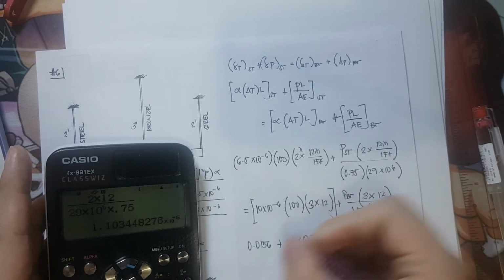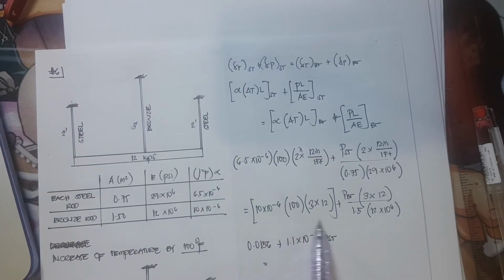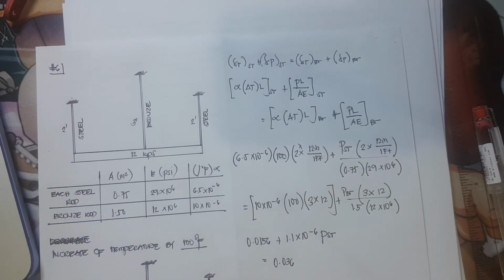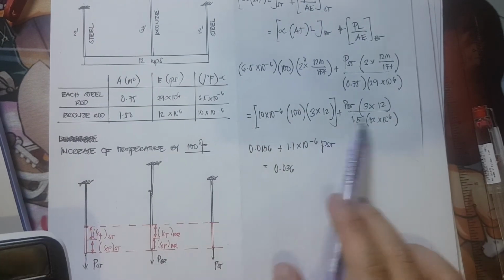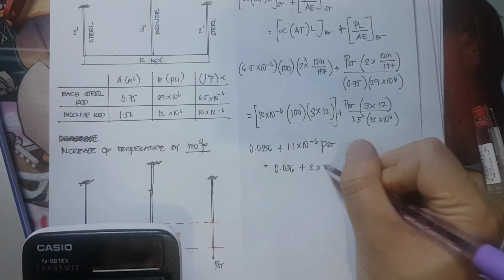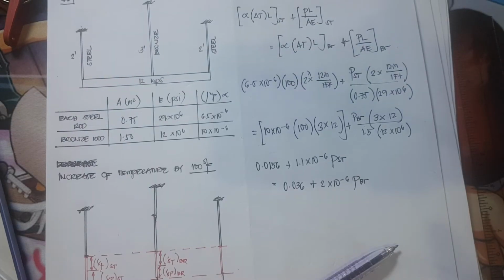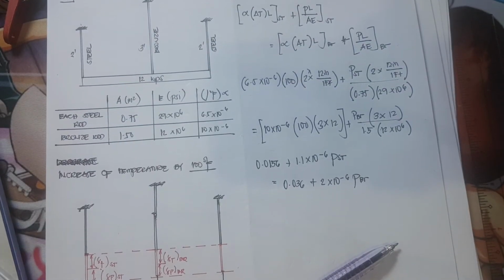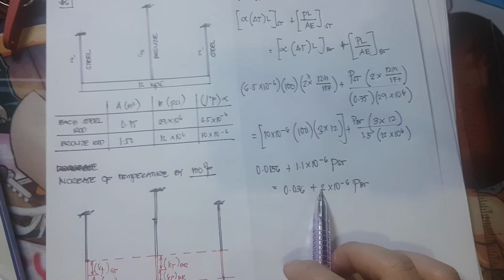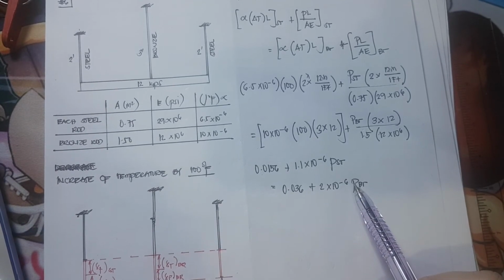P of steel is equivalent to, this term here is equivalent to 0.036. Okay. And this term is 2 times 10 raised to negative 6 P of bronze. Simplifying the equation, we transfer this to the other side of the equation to make it simplified.